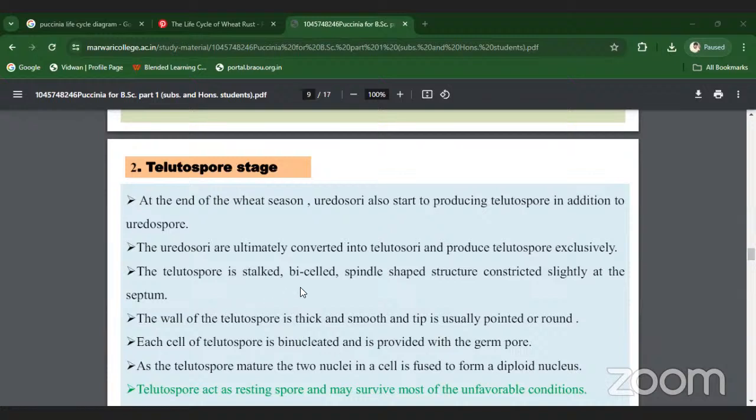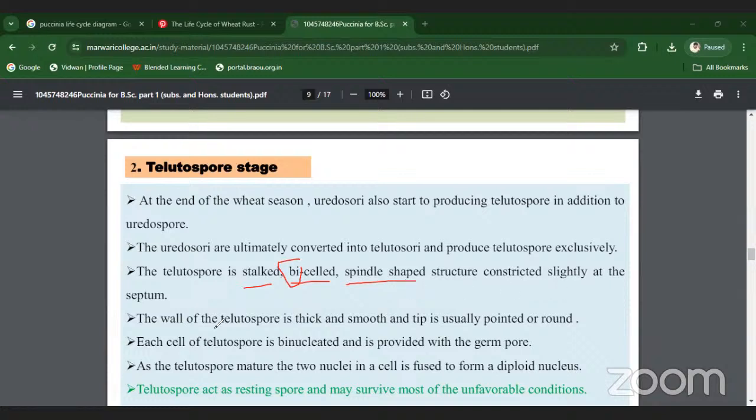The teliospore is stalked like the urediospore, but bicelled. What about the urediospore? Single cell. Both are stalked, but the teliospore is bicelled and spindle shaped, while the urediospore is globose, round shaped.